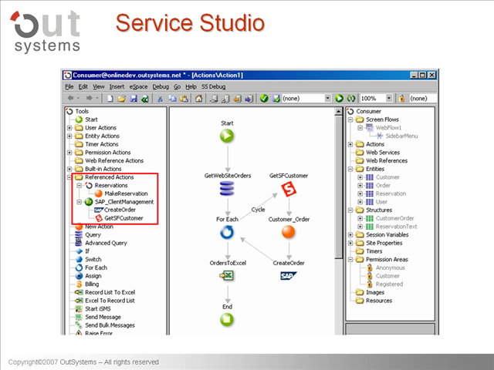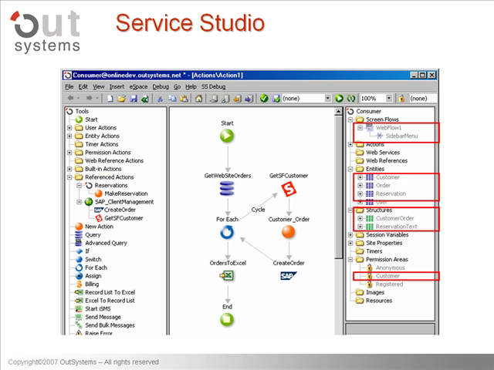The web blocks, entities, structures, and permission areas will appear in the eSpace tree and can be used from there as if they were web blocks, entities, structures, and permission areas from your eSpace that had been created manually there, with the difference that they cannot be edited in your eSpace. It's not that hard now, is it?